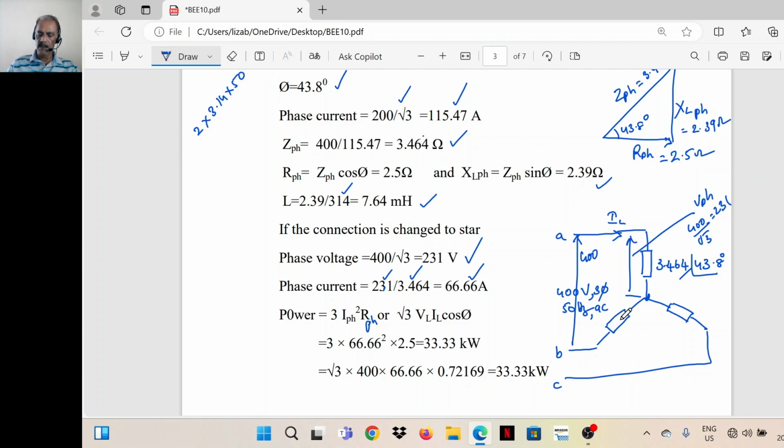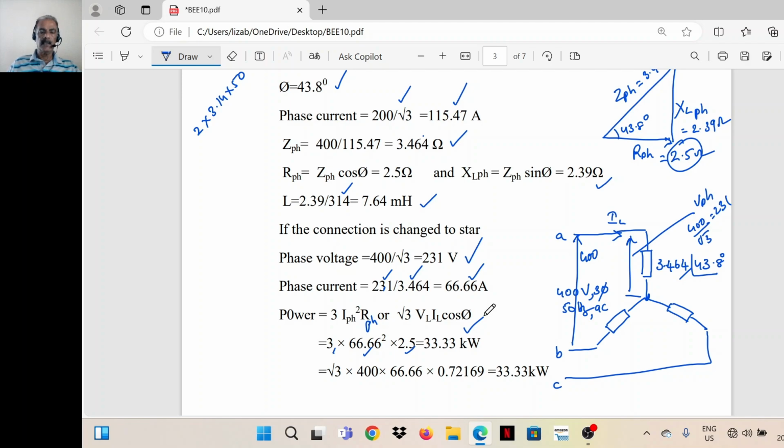Likewise for the others. So adding, 3 I phase square into R phase. That is 3 into the phase current 66.66 ampere squared into R phase 2.5 ohm. It is 33.33 kilowatts.